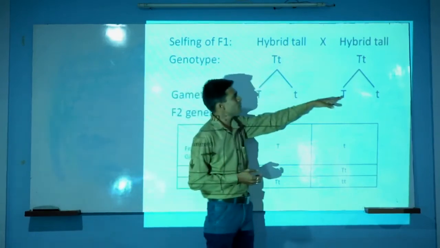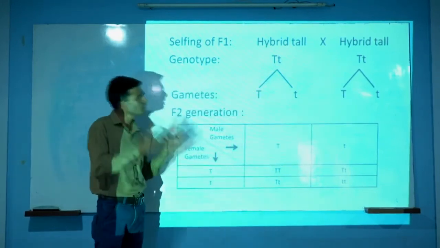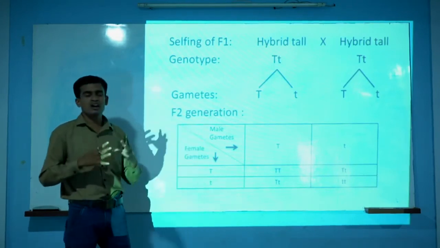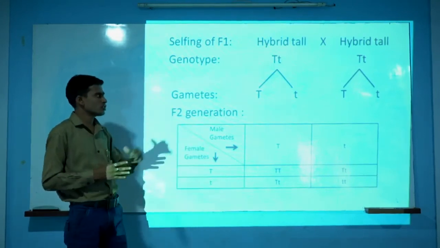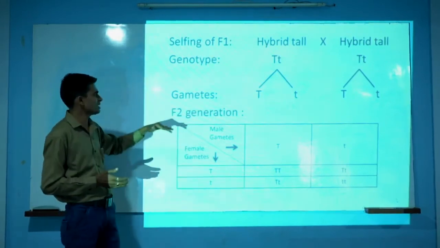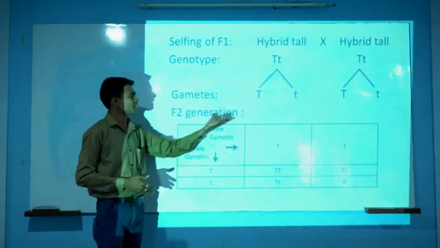Likewise, the other plant also produces capital T and small t. Then these gametes fuse together and form the fertilization. This is the second fertilization, forming the second generation.